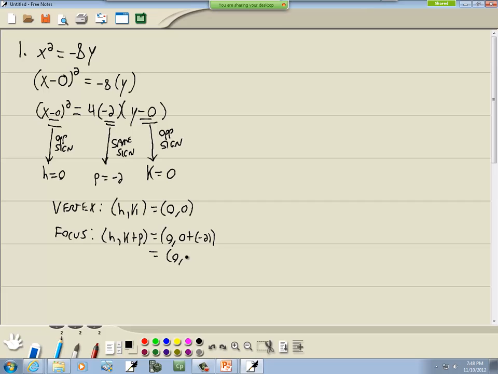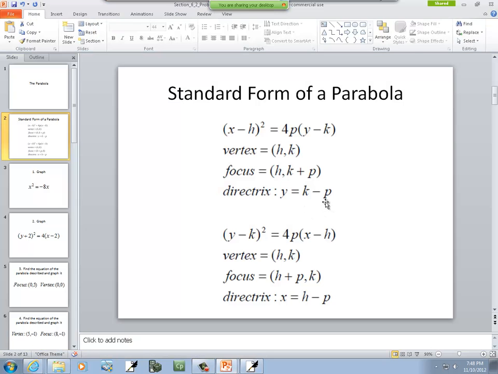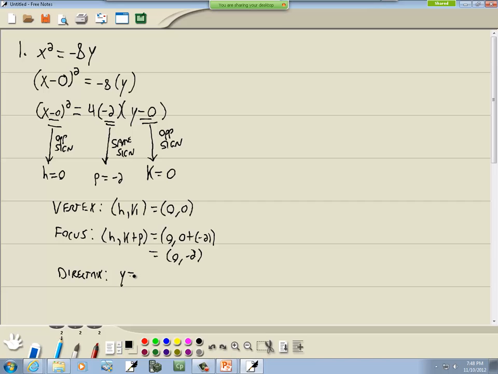So this will be (0, negative 2). Our directrix is y equals k minus p. k is 0 minus p, which was negative 2. So we got negative, negative, and that gives us a positive, so we got y is equal to 2.